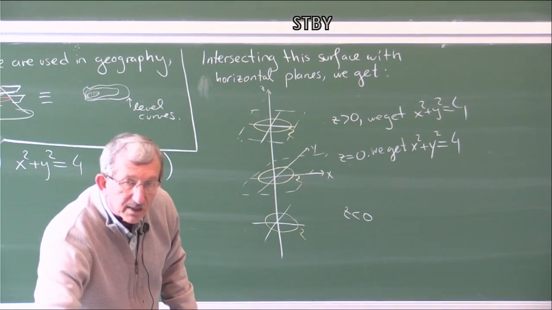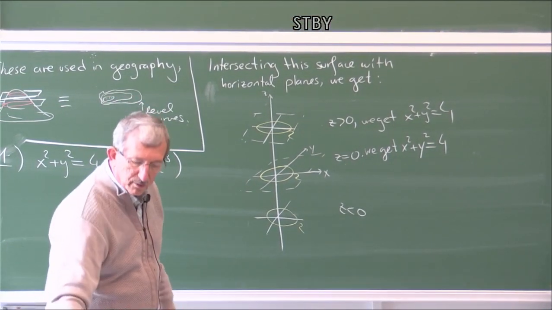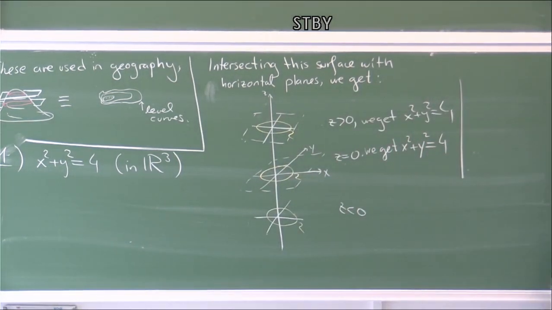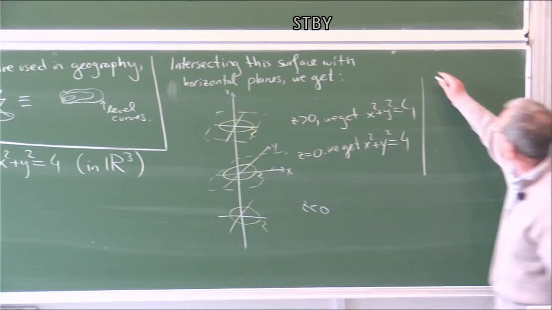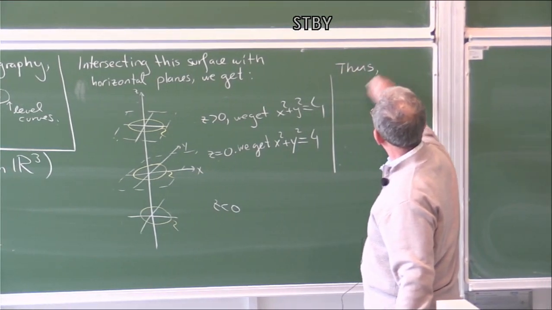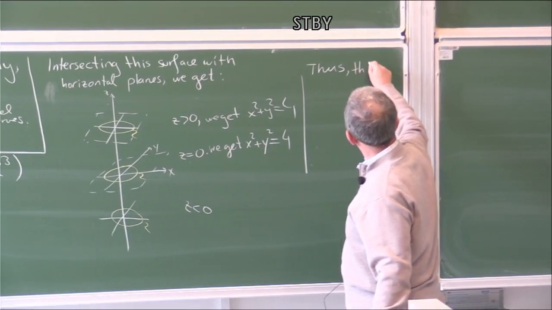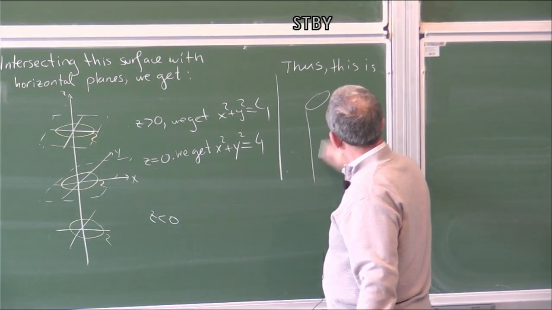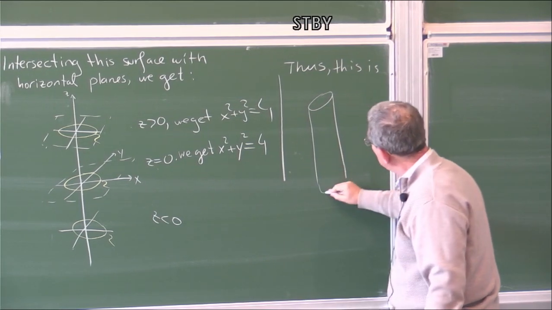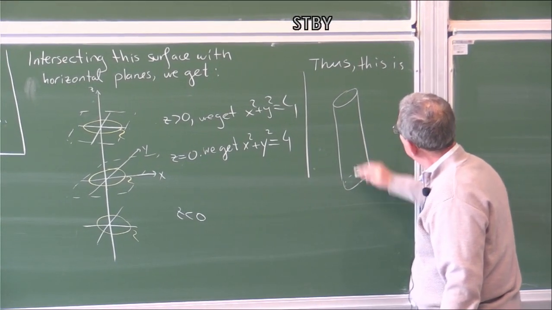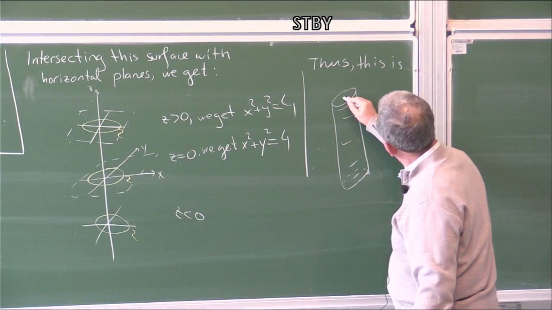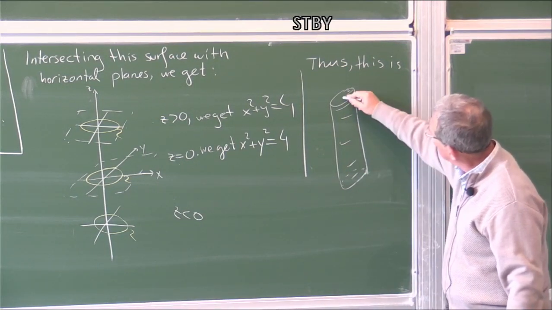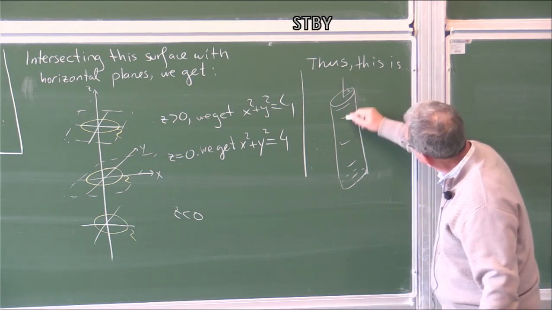Well, when we discuss this, we obtain the following figure. Thus, this is always the same circle of radius 2, centered, I did not figure the whole thing, so let me sketch it.